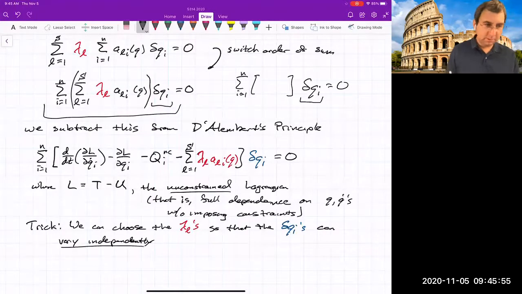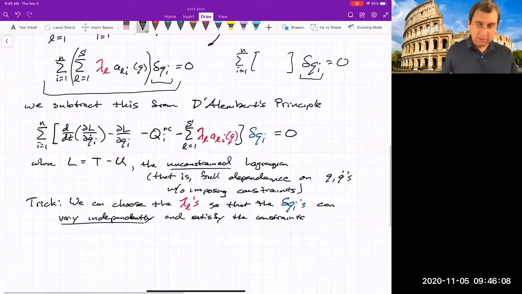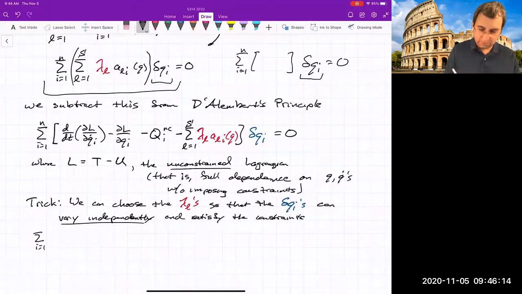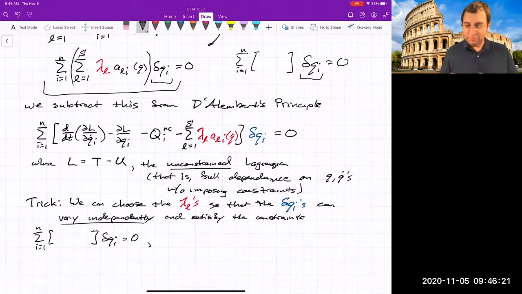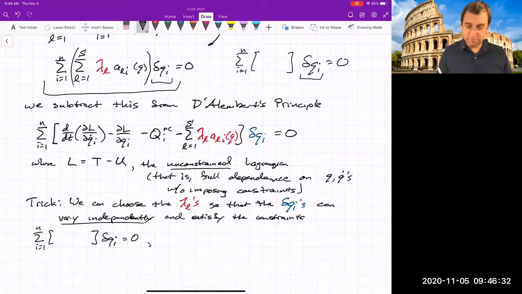That's important so that they can vary independently and satisfy the constraints. So we've got this sum, just like before, from 1 to n of these bracketed terms times the delta q_i's equals 0. If the delta q_i's can all vary independently, the only way this equation can be true is if everything in the square brackets is also 0.